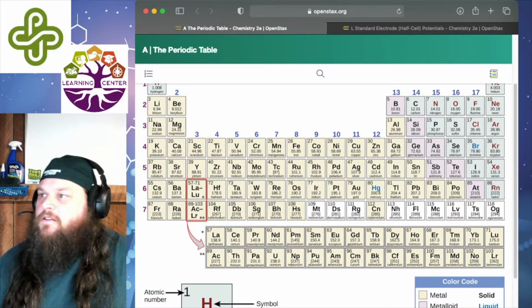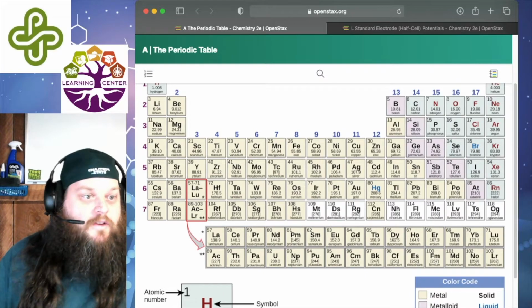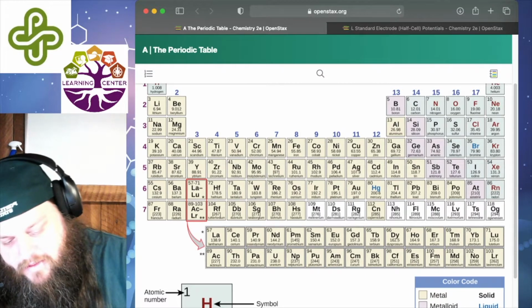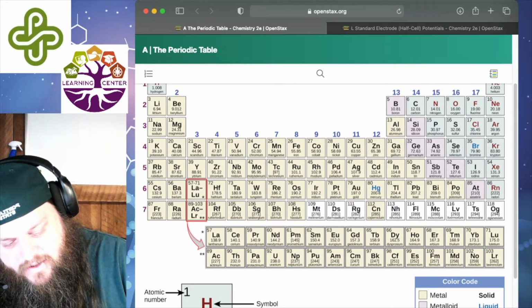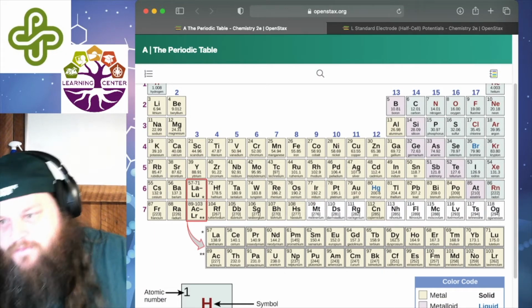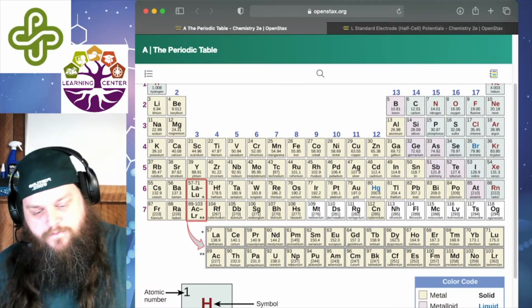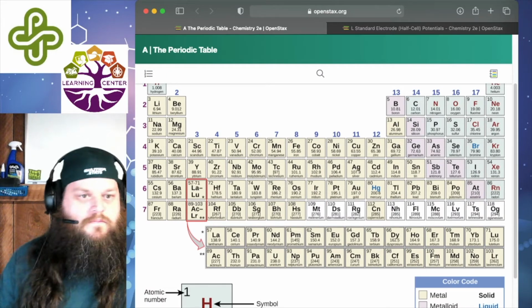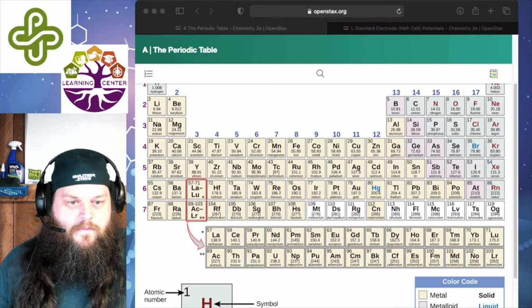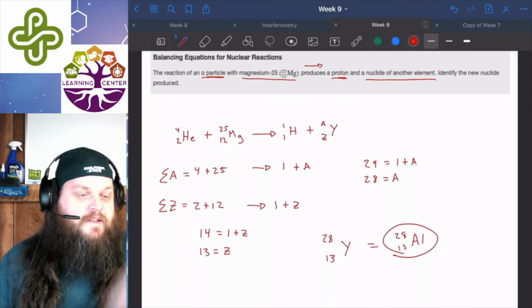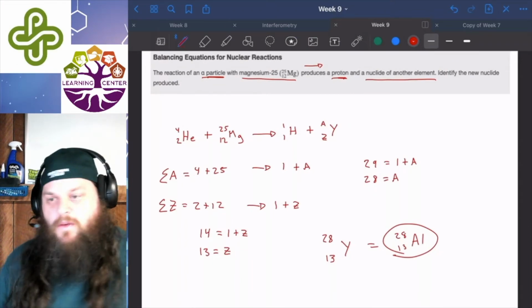Can't see my cursor, but that's aluminum there, which is element 13. So we can see that this is really 28, 13 aluminum, or aluminum-28.